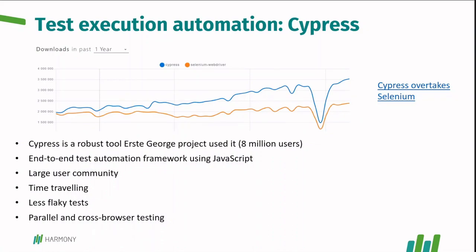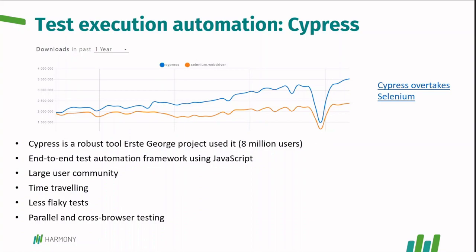And we use for test execution automation a very good tool, Cypress, that is a robust tool, and now it's downloaded the most. It overtakes Selenium and has an advantage over Playwright and so forth. And it's really robust.